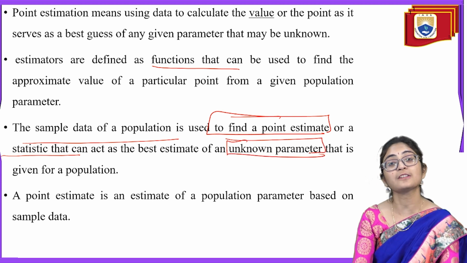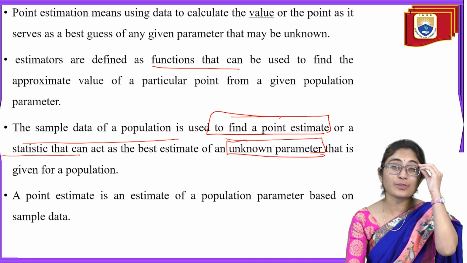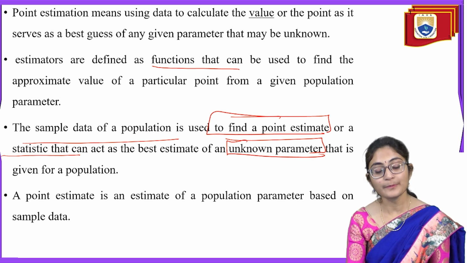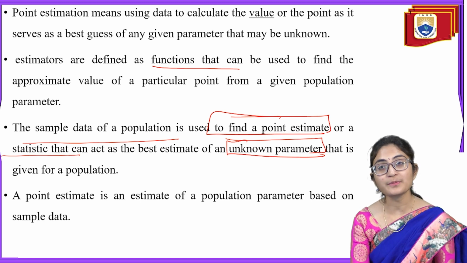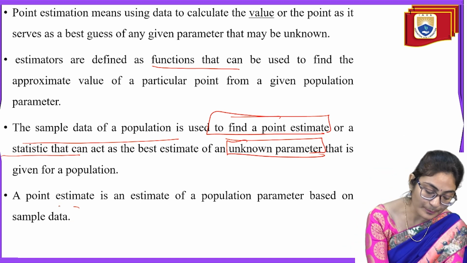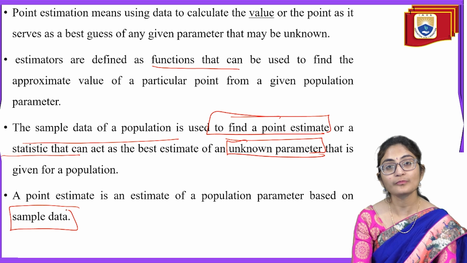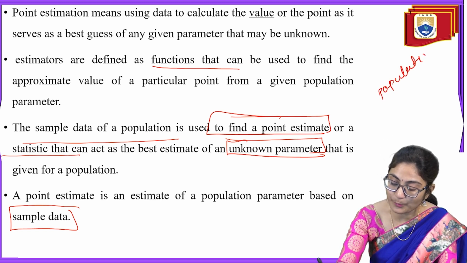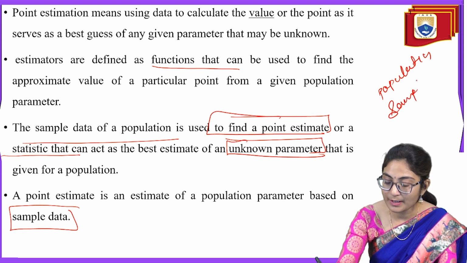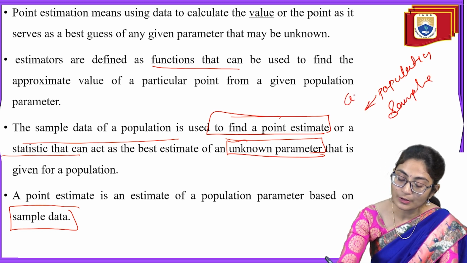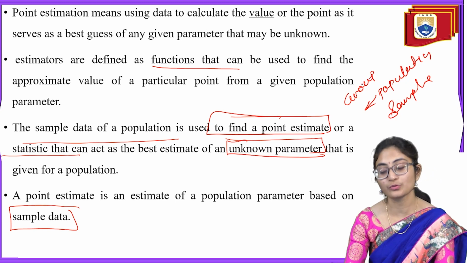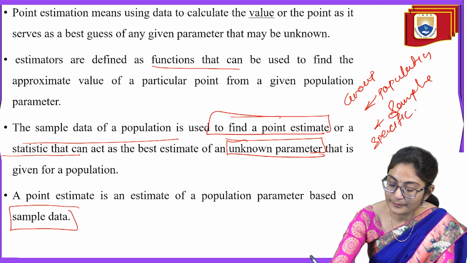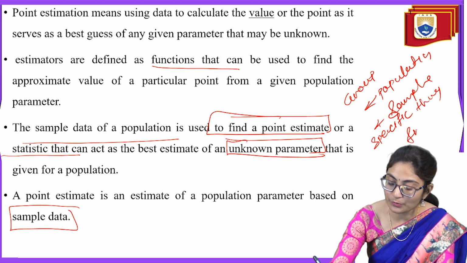These parameters are unknown for the population, and the point estimate is an estimate of the population parameter based on the sample data. You know the difference between population and sample: the population is your group, and a sample is a specific part from the group.